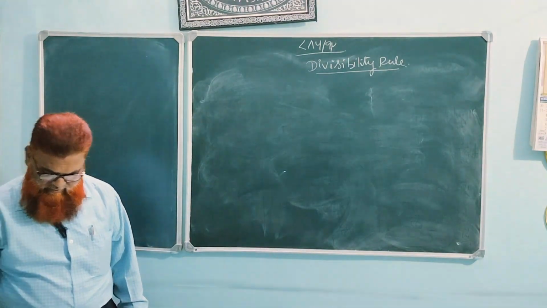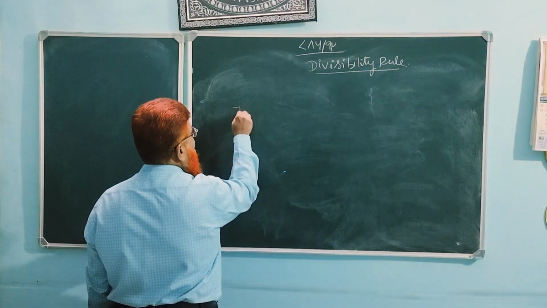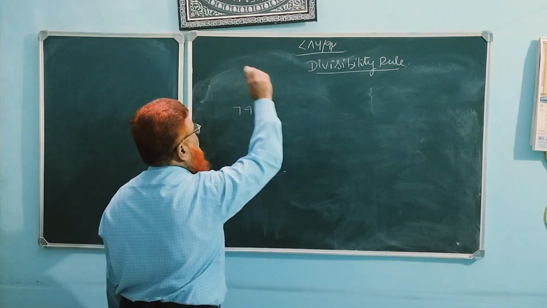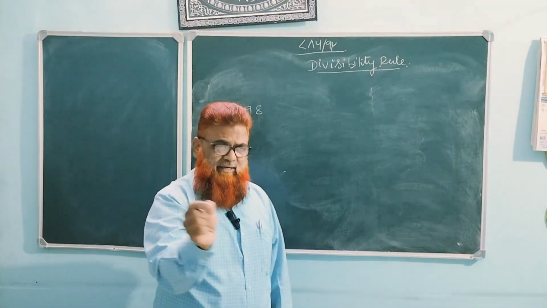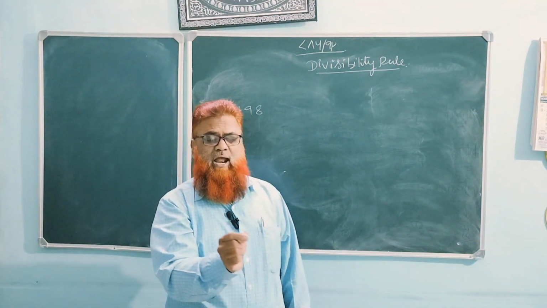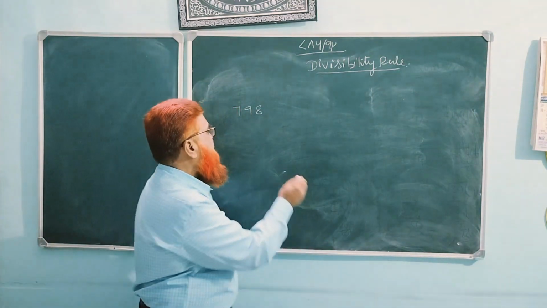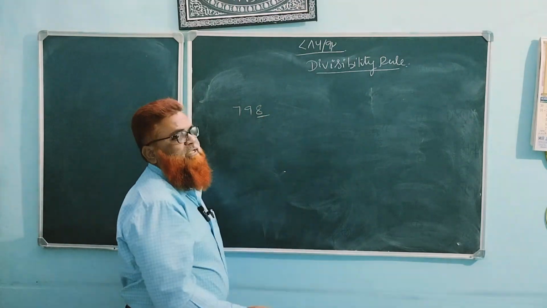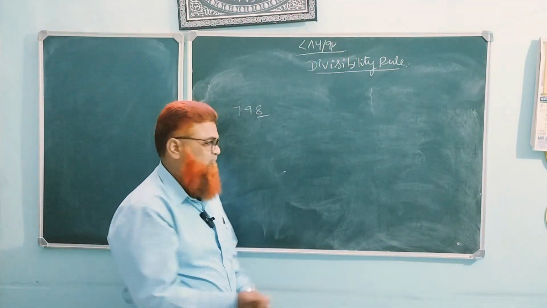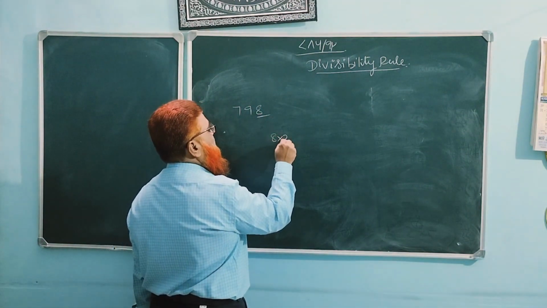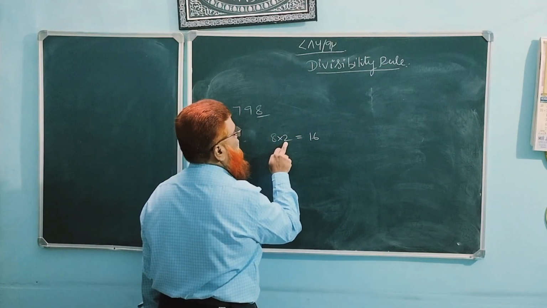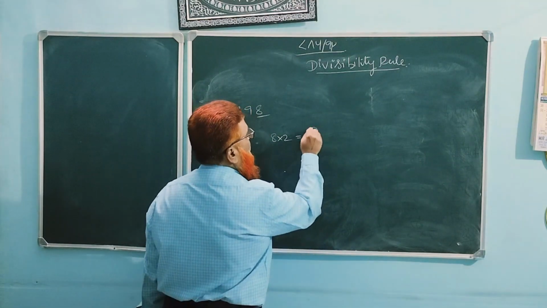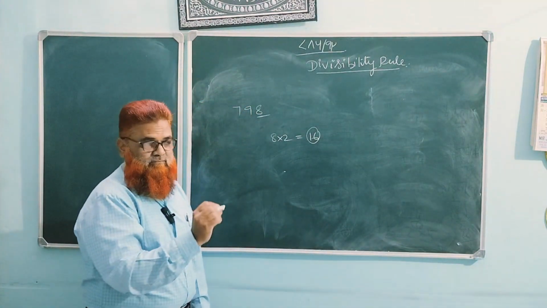The divisibility by 7. Take this one, 798. What is the test of divisibility by 7? Take the given number and select its unit place. What is the unit place in this number? 8. Then multiply or double that unit place. So 8 is the unit place, I multiply with 2. Double means multiplying with 2. I got the product 16.